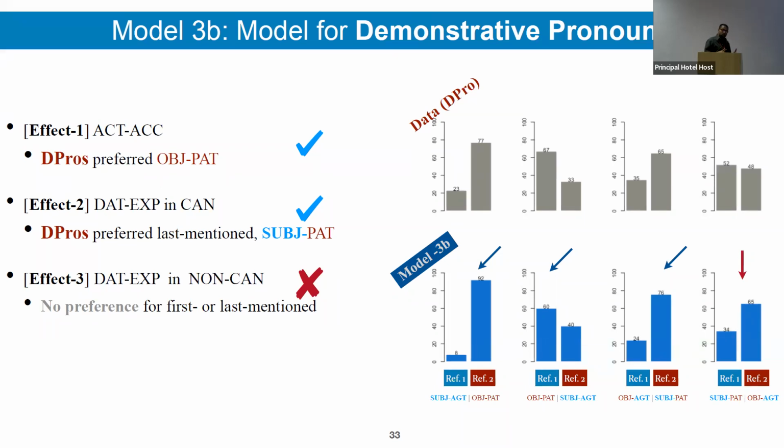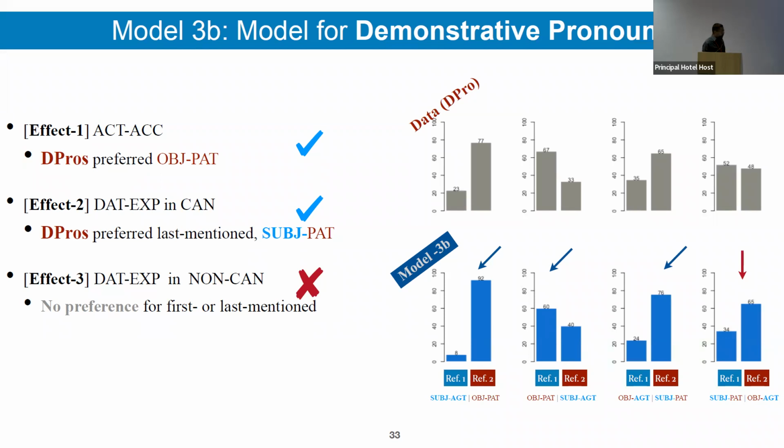Now we can go on and make more modifications in the model, but one conclusion that we draw from this part is that maybe personal pronouns and demonstrative pronouns are not exactly complementary. There is still more difference than just being complementary. So we don't have a modified model for demonstrative pronouns yet, but I think we are happy so far that it at least captures 2 out of the 3 effects.